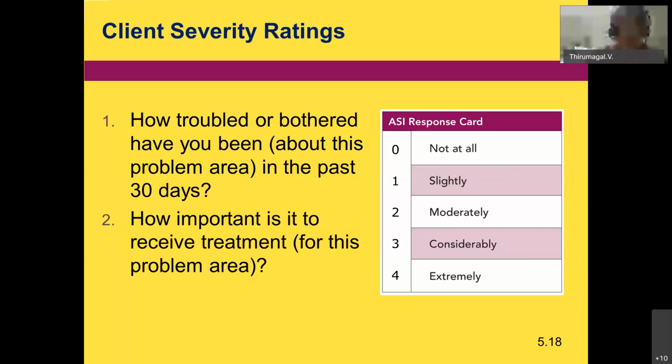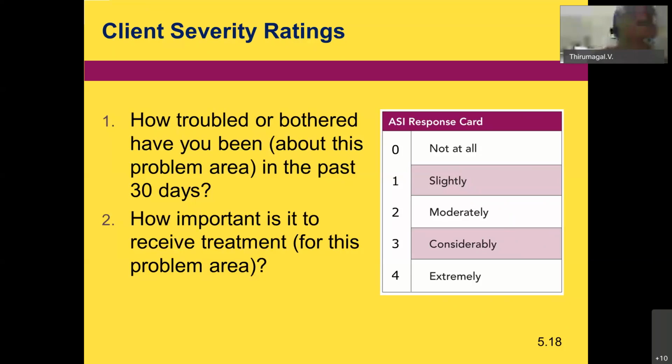I went to the doctor. He started me on anti-asthmatic drugs. He's given me a puff, and now I'm fine. That means no additional treatment is needed. That means it will still be 0. For question number 2, how important it is to receive treatment for this area? Because 2 means additional treatment required to what is already being provided.